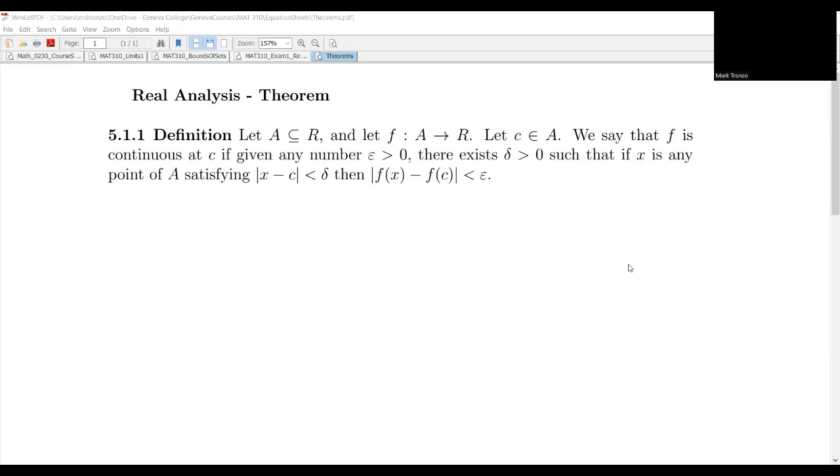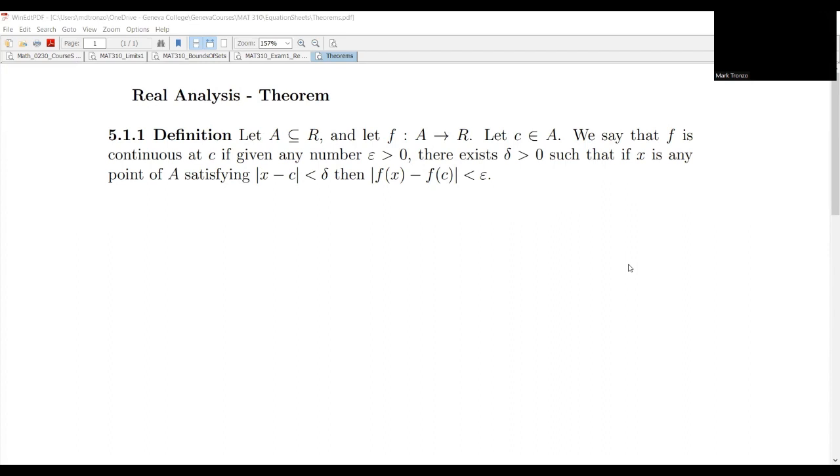Let A be a subset of the real numbers, and let F be a function from that set A into the reals, and let C be a member of A. We say that F, the function, is continuous at C if given any number epsilon greater than 0, there exists a delta greater than 0, such that if x is any point satisfying |x minus c| less than delta, then |f of x minus f of c| is less than epsilon.